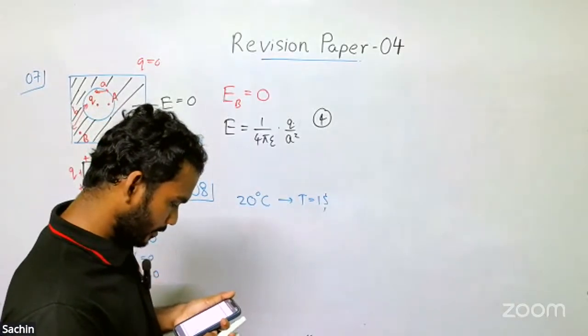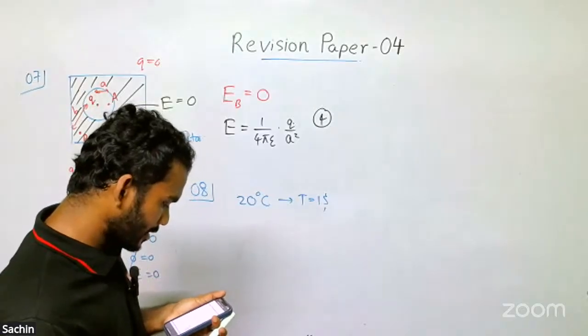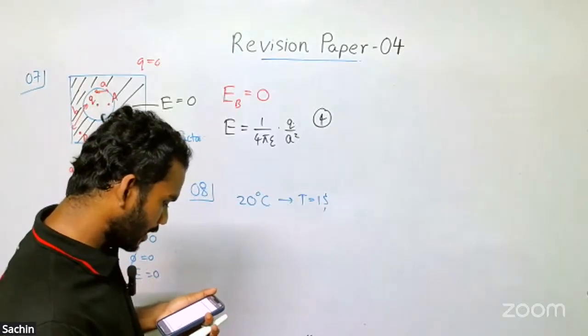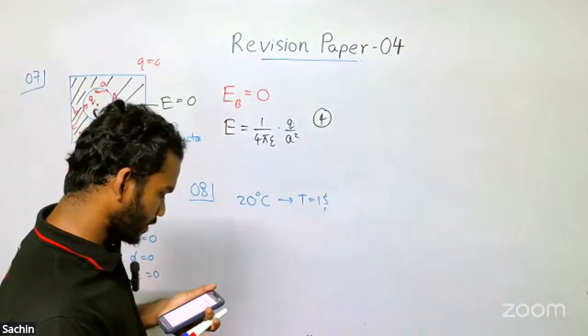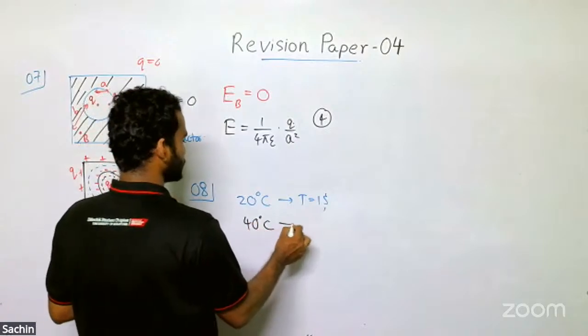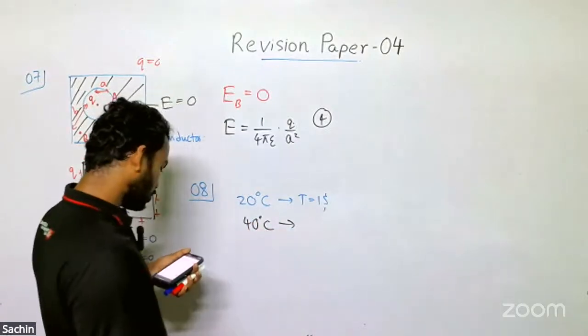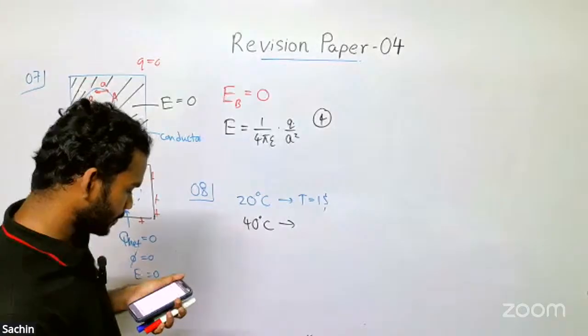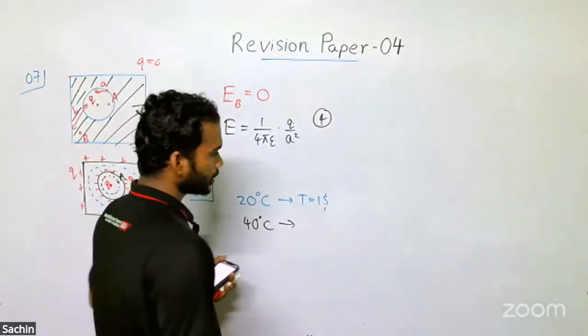Then, how much time is shown less within 1 hour on a 40 Celsius day? So now the temperature is 40 Celsius. They are asking how much less time is shown for 1 hour.